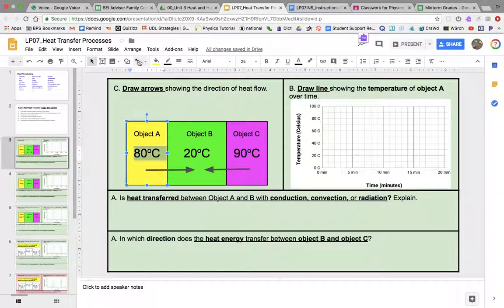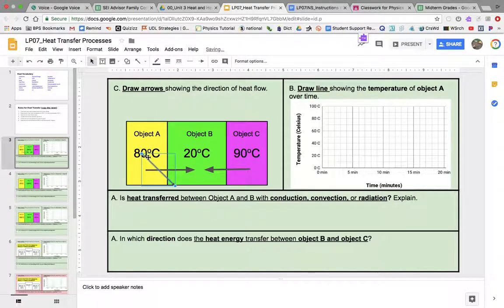And we want to draw an arrow from 80, and we need to decide what's happening to the temperature of A. If it is losing the heat to B, the heat is going to B. Does that mean the temperature will increase, decrease, or stay the same?